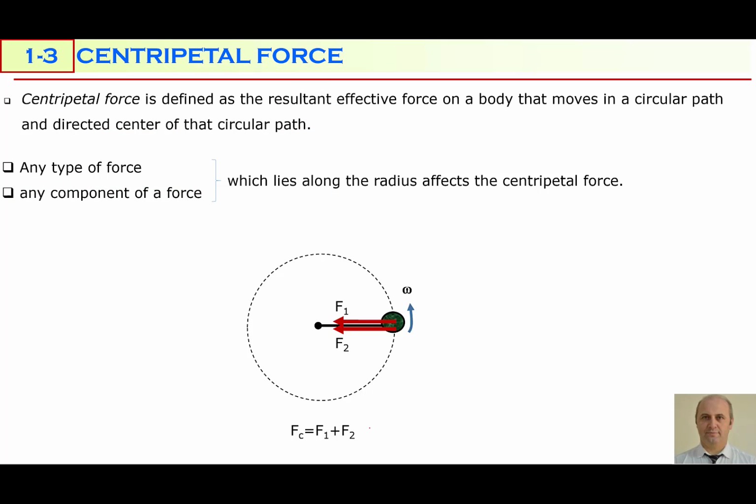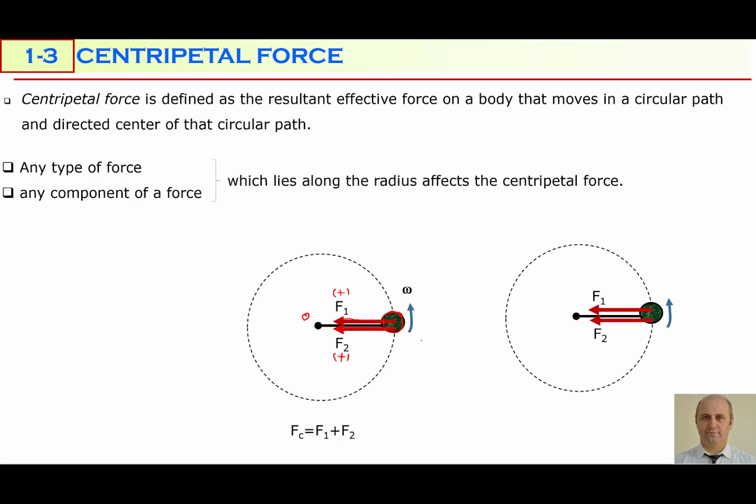But sometimes there can be more than one force acting on the object. Just like this one, there are two forces now acting on this ball, and both forces are towards the center. So in this case, you are going to calculate their resultant. Both are pointing to the center, so if the forces are pointing to the center, write them positive, because they positively affect the centripetal force. So Fc is going to be, in this case, F1 plus F2.